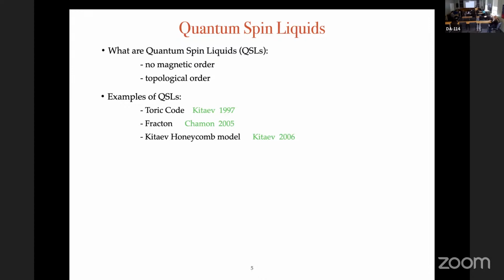Even though there's a long history of quantum spin liquids and a rich theoretical understanding of them, finding unambiguous signatures of quantum spin liquids in natural materials is still ongoing and challenging. So another way to do this is to simulate such states in quantum simulators.